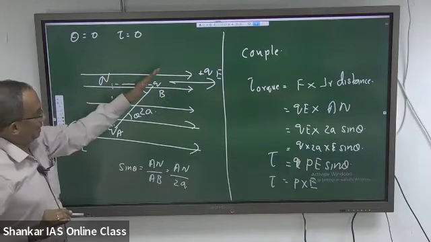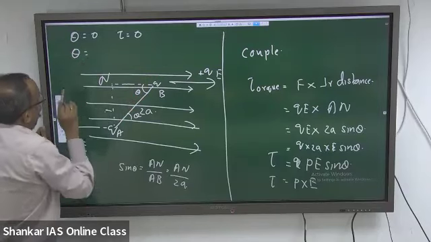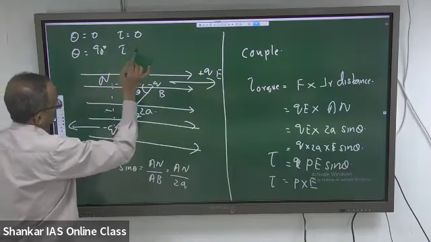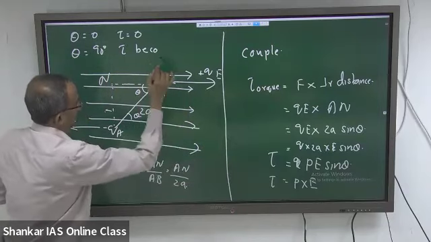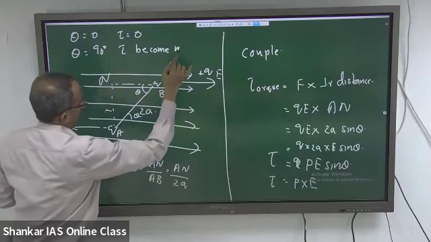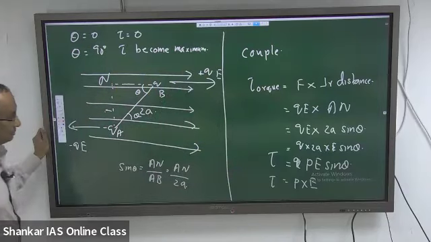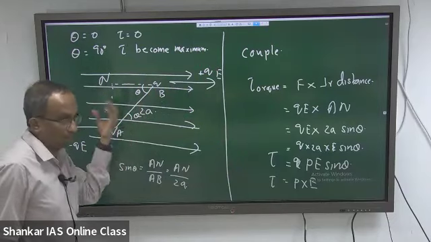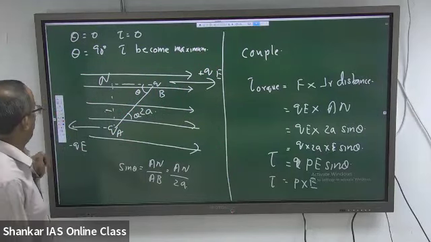Whenever the dipole is perpendicular, theta equals 90 degrees, then the torque becomes P E sine 90, so tau becomes maximum. So maximum torque is acting on a dipole when it is kept perpendicular to the electric field.